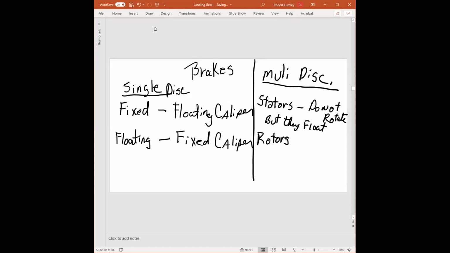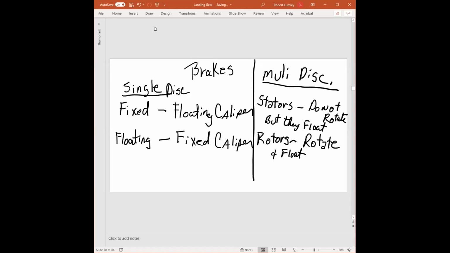What I mean by they float is that the stators can move laterally, in and out, but they do not rotate with the wheel. Rotors, on the other hand, rotate, okay, and float.